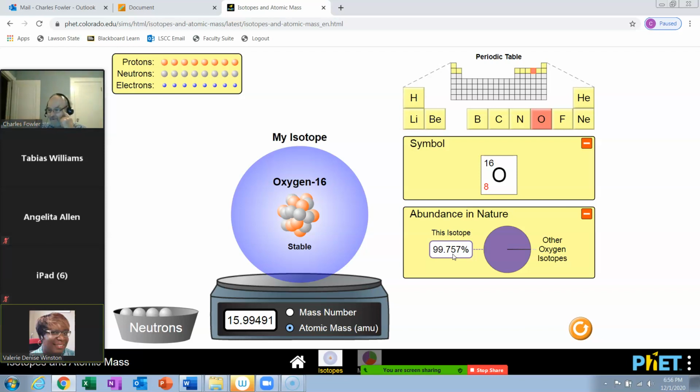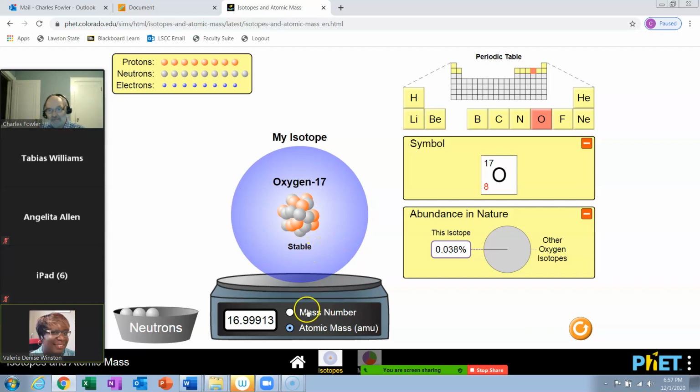Now, in mine, I flipped over a page. Let's see if we can add a neutron. Oh, it went in. Okay. How many protons? 8. How many neutrons? 9. How many electrons? 8. Is it stable? Yes, it is.